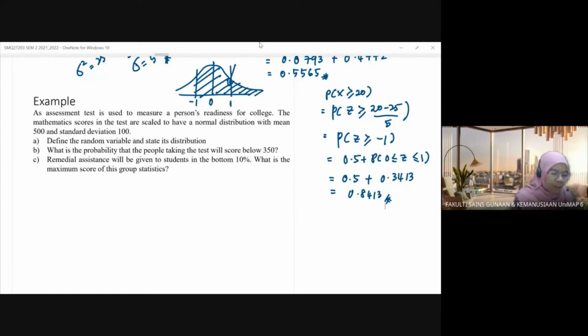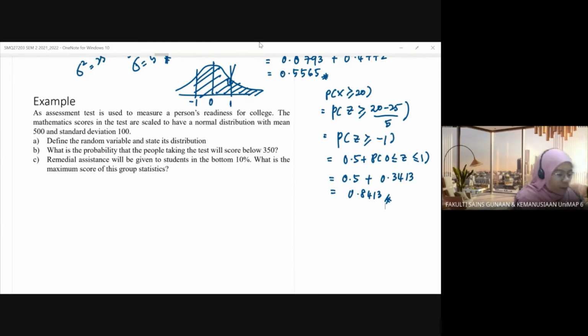First thing first, please understand the given question. If it is normal, then I know that we are looking for a random variable x that follows normal. Now the first question: define the random variable and state the distribution. How do we define? The same way as we define the binomial and Poisson.